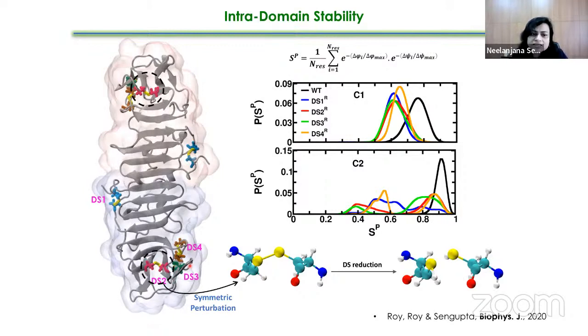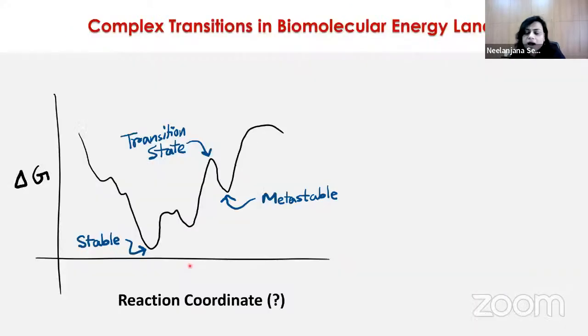How do we expect the free energy pathways to change? So this is a wide overview of what we do, but essentially we are interested in determining the free energies of transformations under different conditions, as a function of what kind of reaction coordinate. That's an open question. That depends on the actual system that we are looking at.